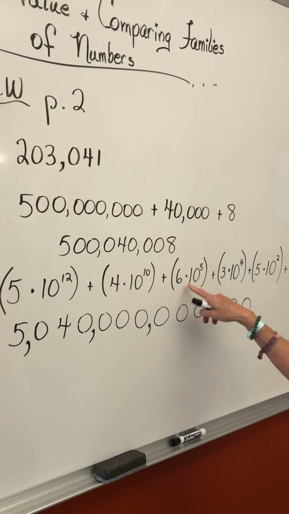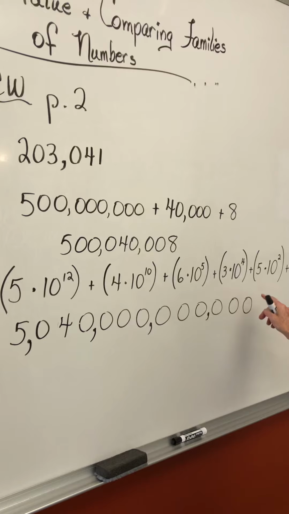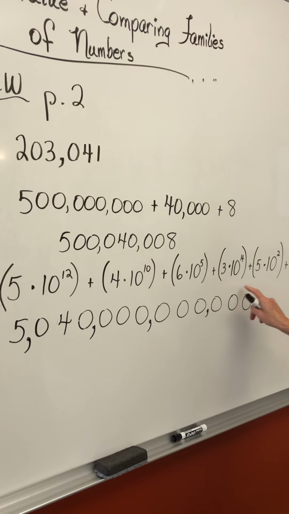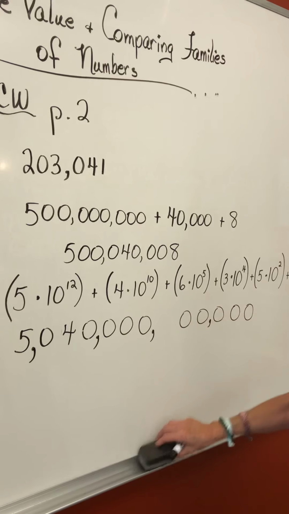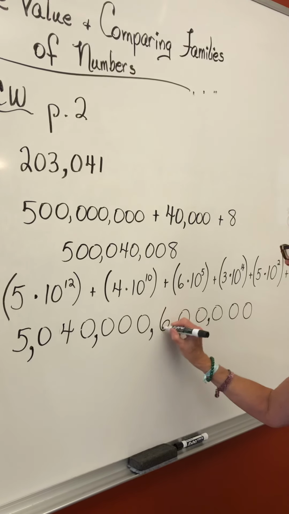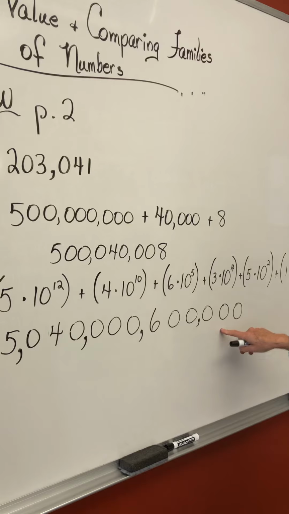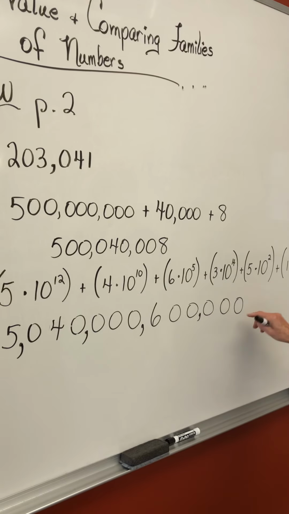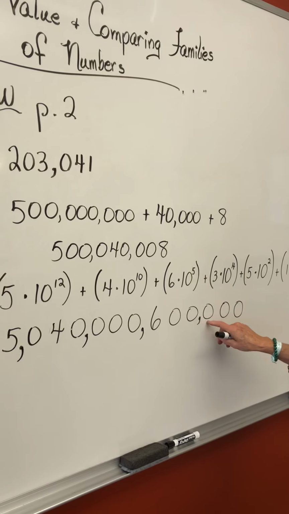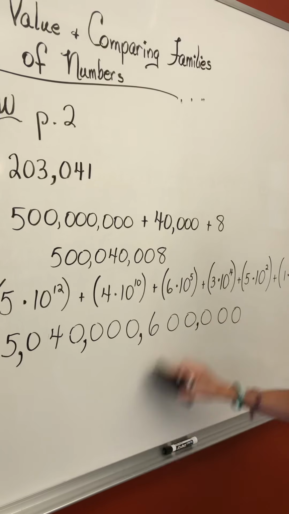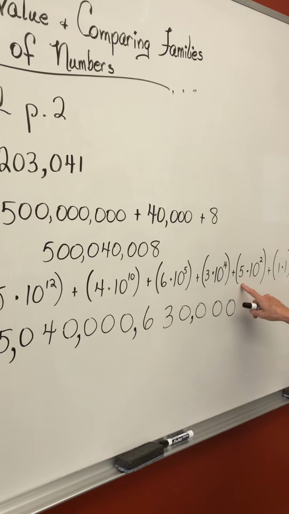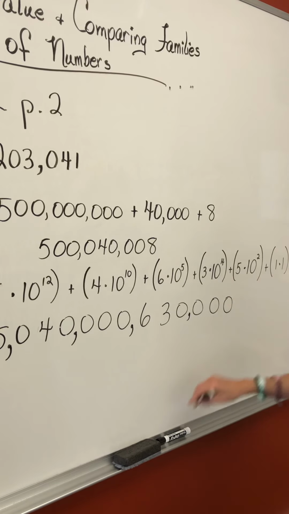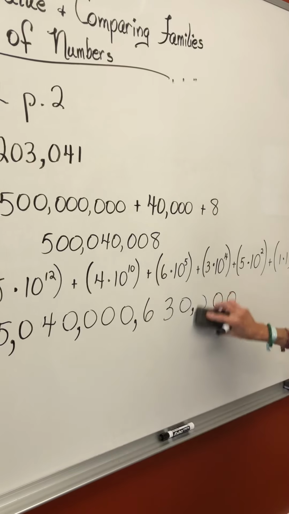Plus 6 times 10 to the 5th. Let's count off our 5 zeros, 1, 2, 3, 4, 5. That means 6 has to go right after that, 10 to the 5th. And now we have 3 times 10 to the 4th, 1, 2, 3, 4. 3 would go in here. 5 times 10 squared, so you have 2 zeros there.